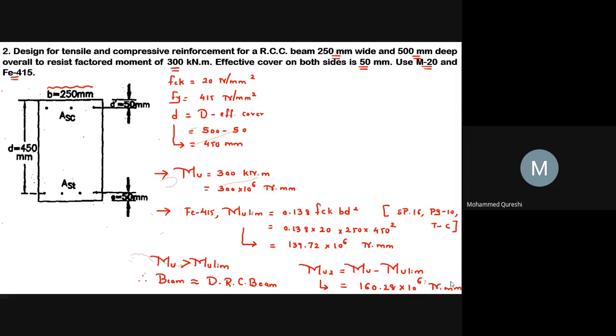This value will be helpful for us while calculating the value of ASC. Now, we have to find the values of FSC and FCC. As we know, FCC equals 0.446 FCK.